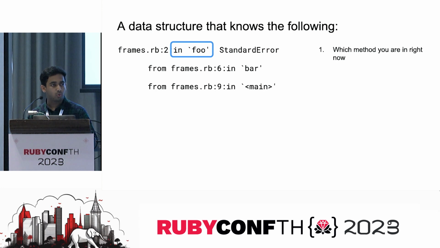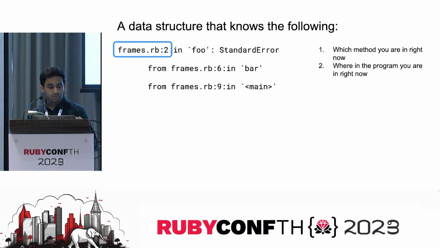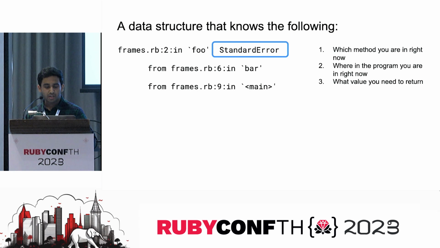How does this know that we are in a certain context in our program? There's a data structure it uses that can keep track of everything. One of the things it keeps track of is which method you are in right now. It also keeps track of where in the program you are right now. So you can see frames.rb and line number 2. And it also keeps track of what value you need to return.